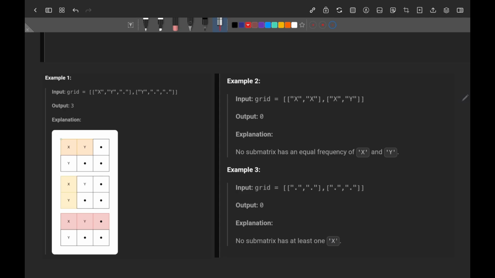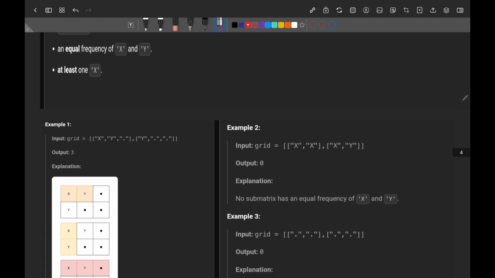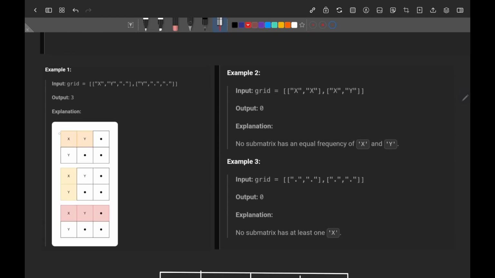Okay, now let's understand what the problem is saying. Imagine we have a matrix filled with x, y and dot characters. We have to tell how many submatrices, including 0,0 as the initial index, have an equal count of x and y.